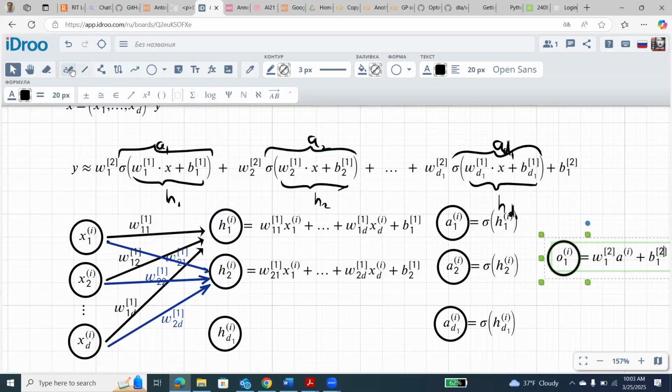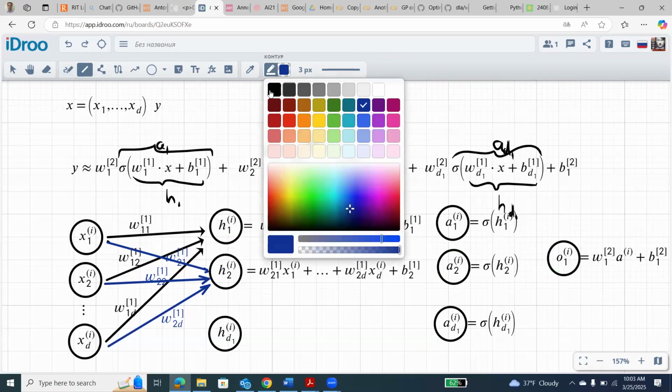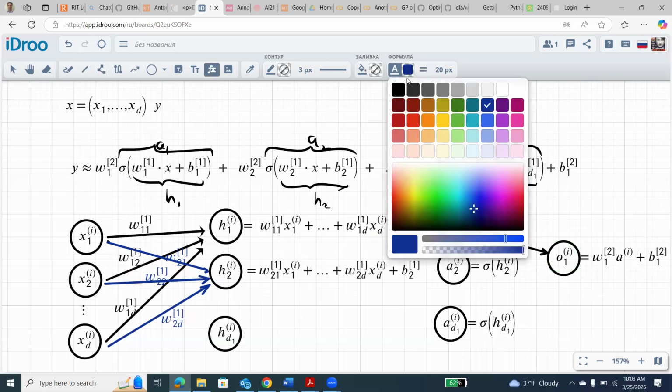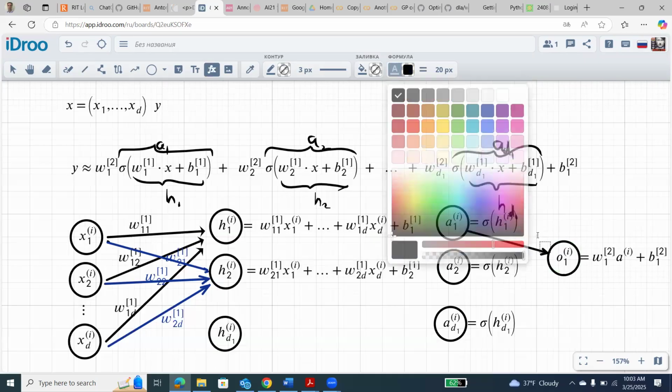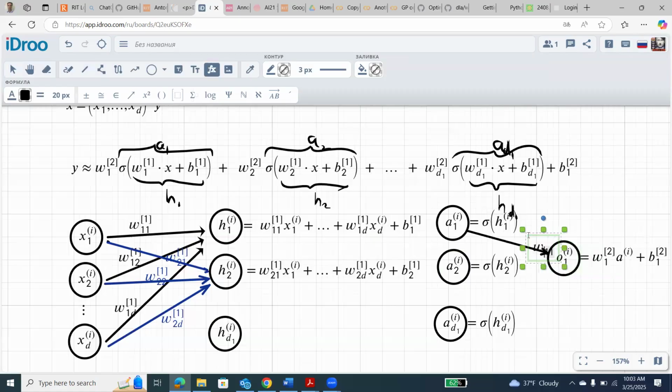It means I will take A1 and multiply by the number W11 with superscript 2.